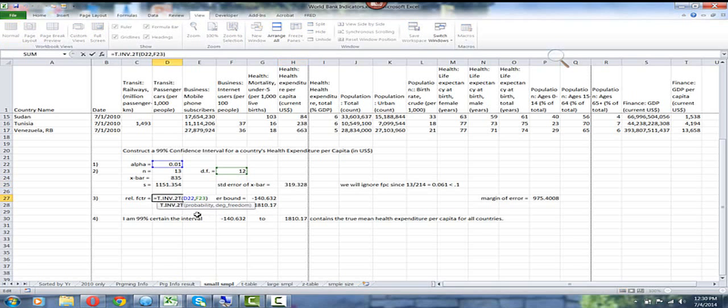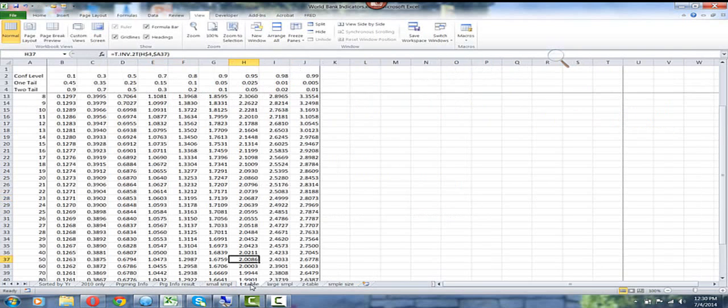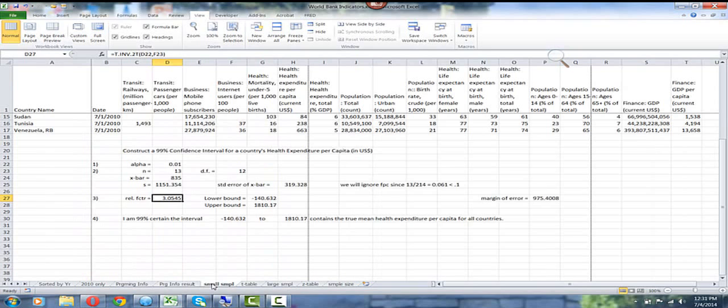Okay, and so I can either go to the t table, or I can use this T.INV.2T, and so you can use it that way, but also be able to read the t table. So at 0.99 and 12 degrees of freedom, you get 3.0545. Okay, so either way works.